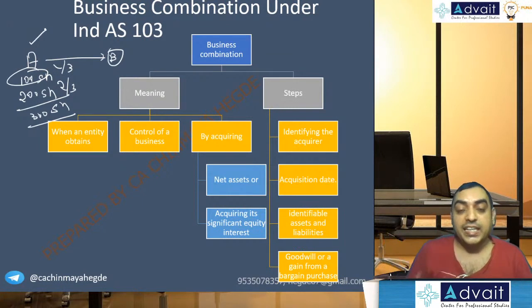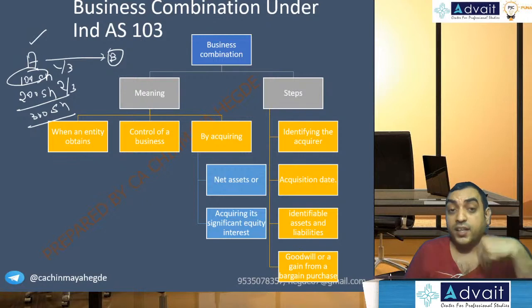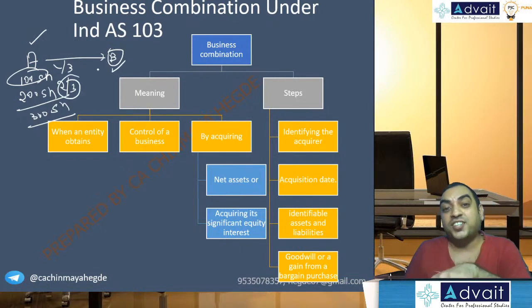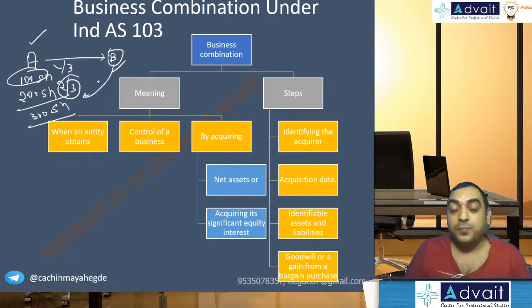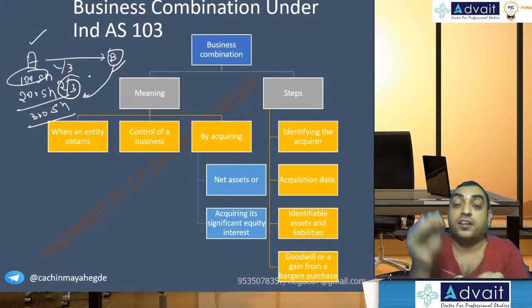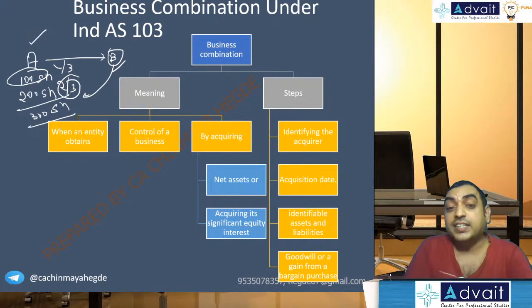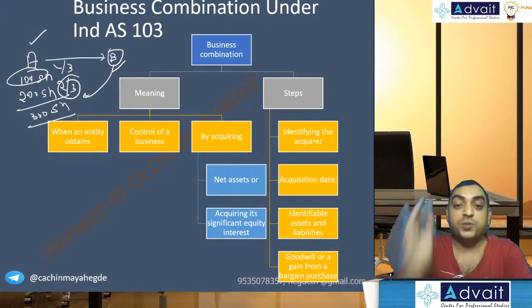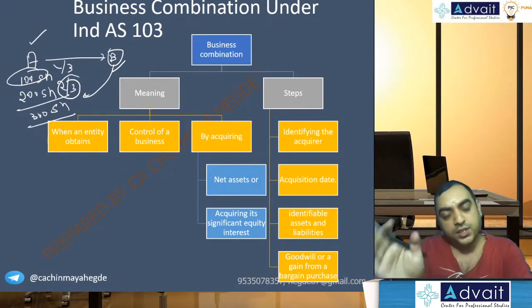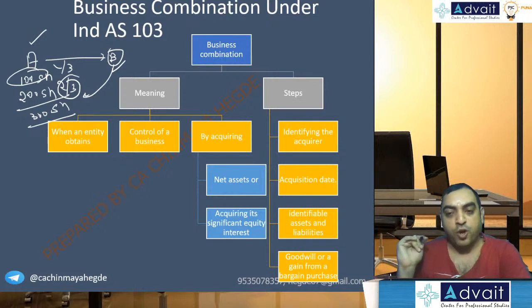Even though A is the legal acquirer, because of control, who actually has control? B's shareholders have the control. So B company becomes the accounting acquirer because they got the control. This is a typical case of reverse merger. How to solve a reverse merger? I'll do a problem later, and you'll get to know about it.